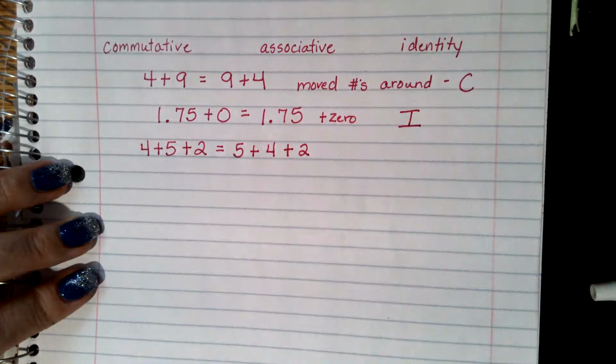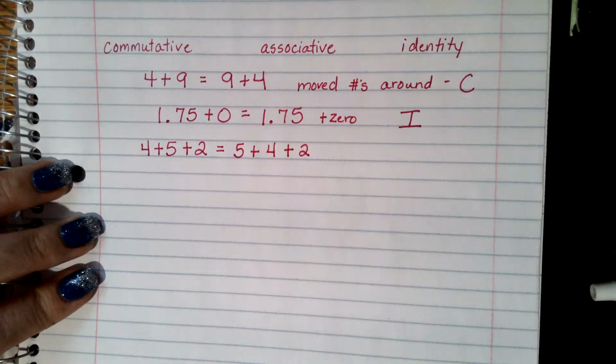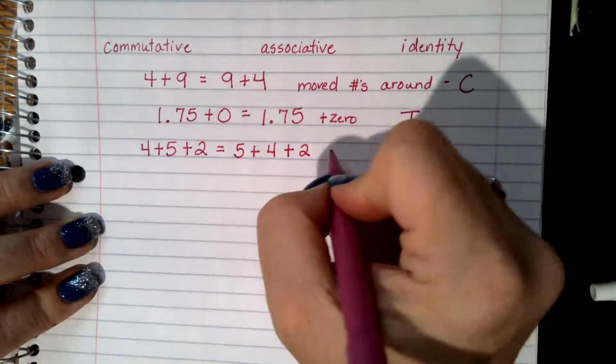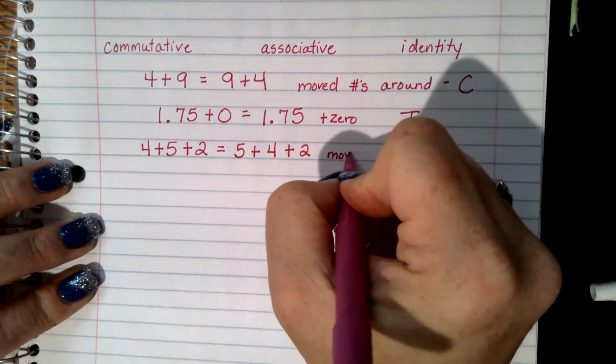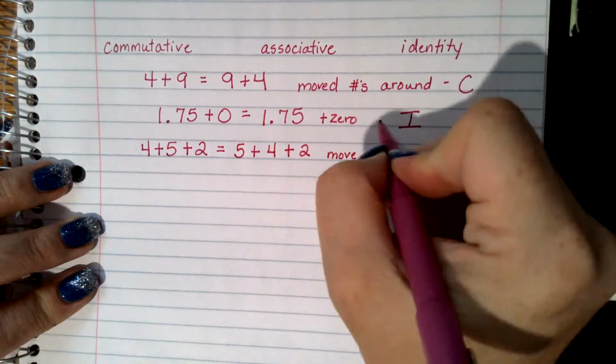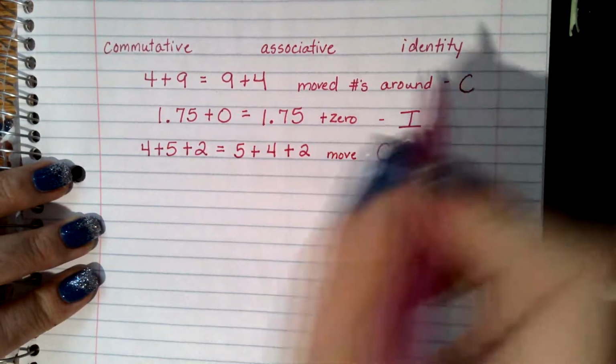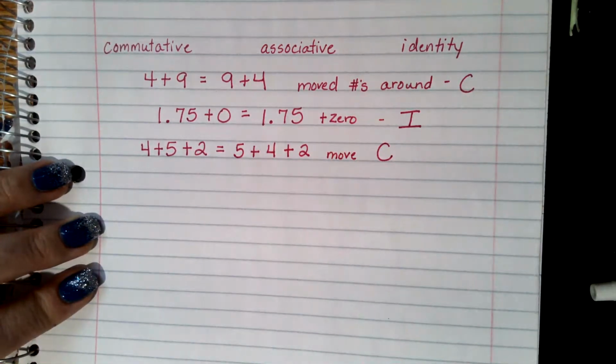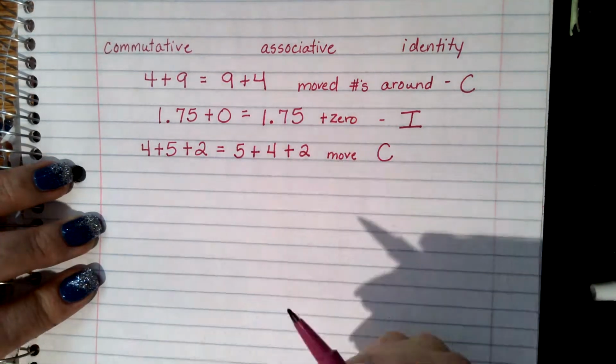Four plus 5 plus 2 equals 5 plus 4 plus 2. All we did again is move the numbers around. Therefore, it is the commutative property of addition. Let's look and see one more.